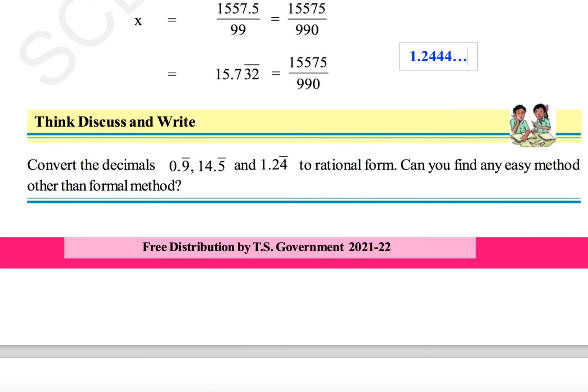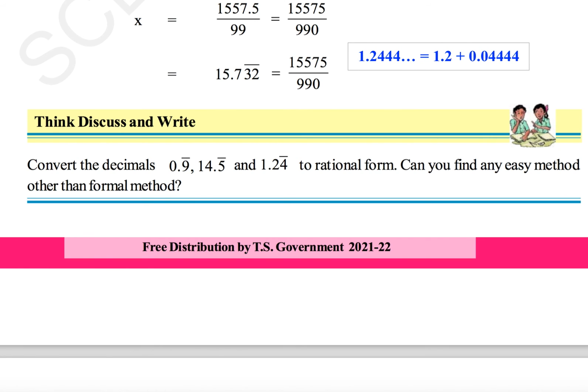1.2444, this is what the number is, right? 1.2 plus 0.4444.